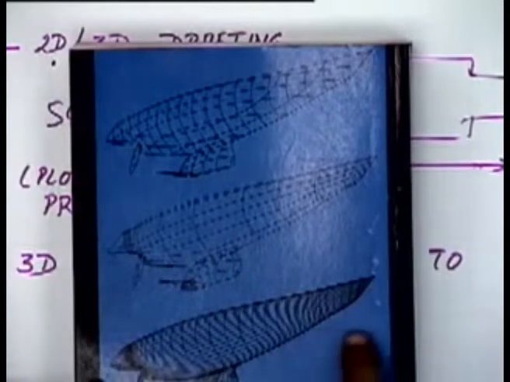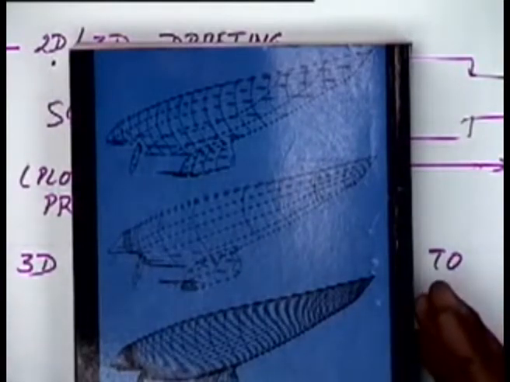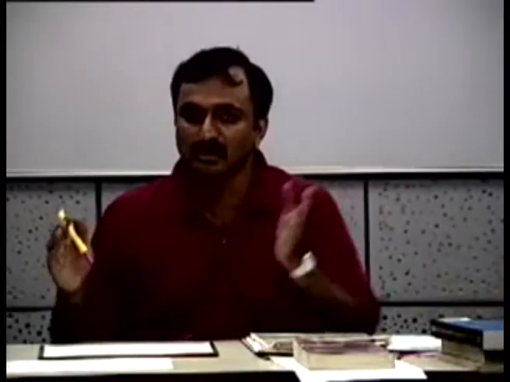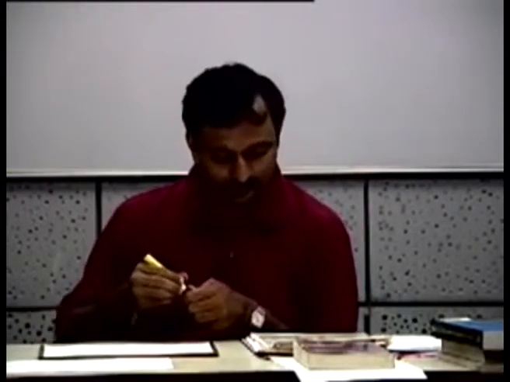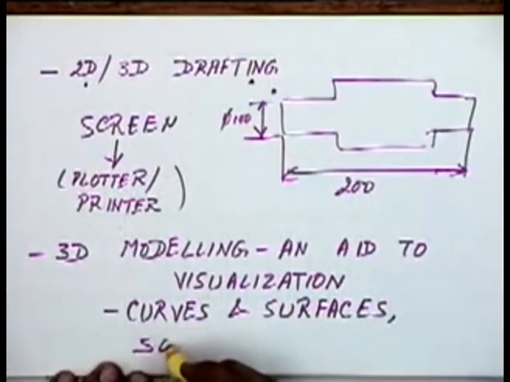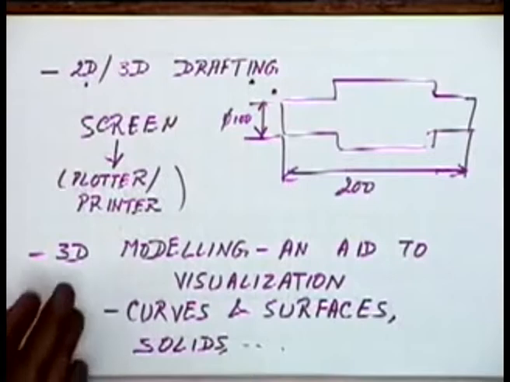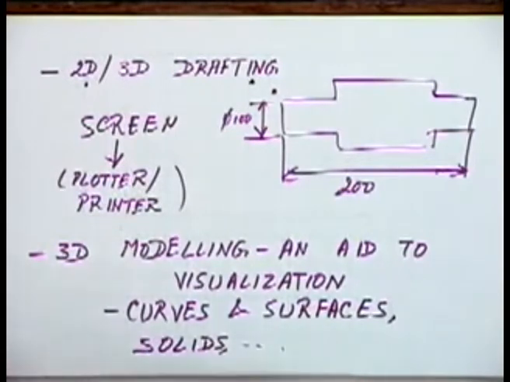If you want to represent this solid, we also have to represent the curves and surfaces which form a part of the solid. So when you are talking of 3D modeling, it is not just representing the solid as such. We also have to represent the curves and surfaces which constitute that solid or which define that solid. So under 3D modeling, we represent curves, surfaces, solids, and so on. All this comes under 3D modeling.